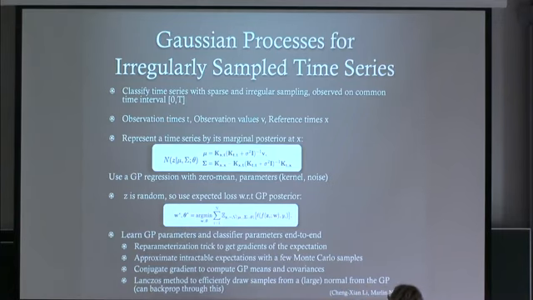Basically they have a framework for learning GP parameters and classifier parameters end-to-end, at the same time, where they use the reparameterization trick introduced by Kingma and Welling in order to get gradients of the expectation, right?